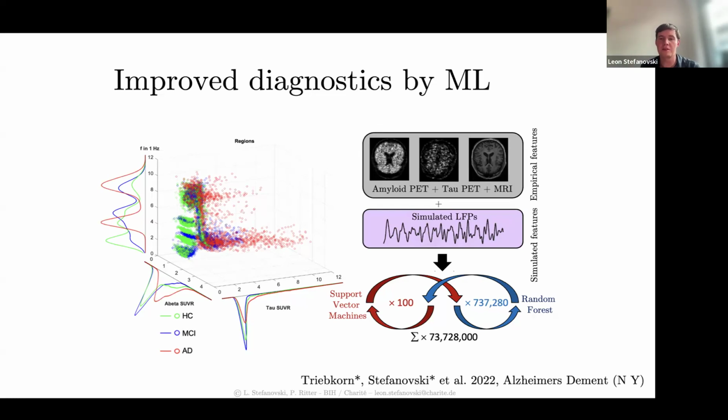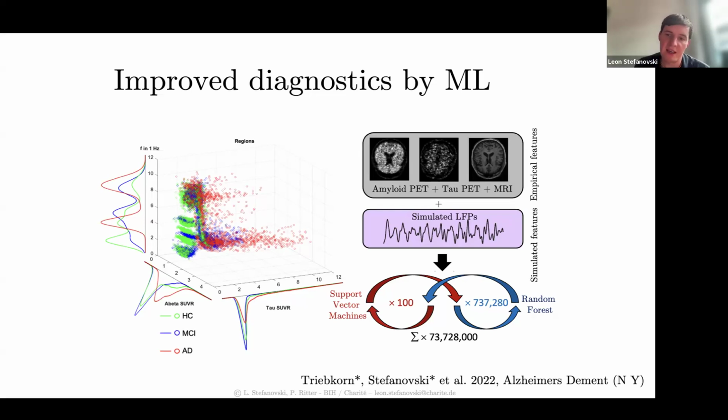For this, of course, you need very strong differences, and therefore we came up with a machine learning approach. So we trained a support vector machine model combined with a feature selection by a random forest, and let it classify a three-class problem. So classify the diagnosis between Alzheimer's disease, mild cognitive impairment, and healthy controls.